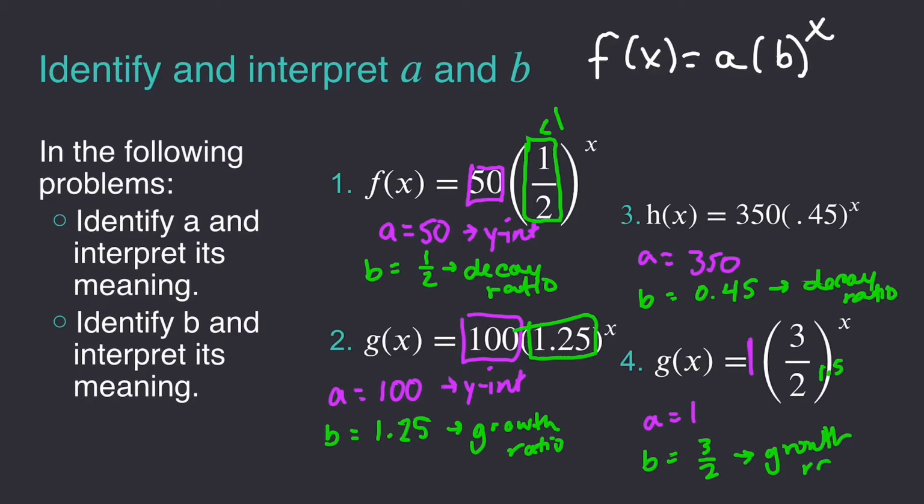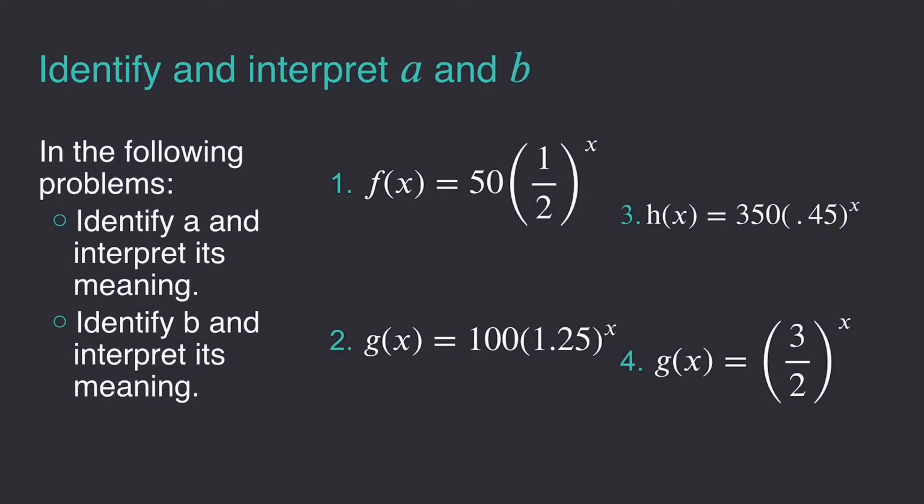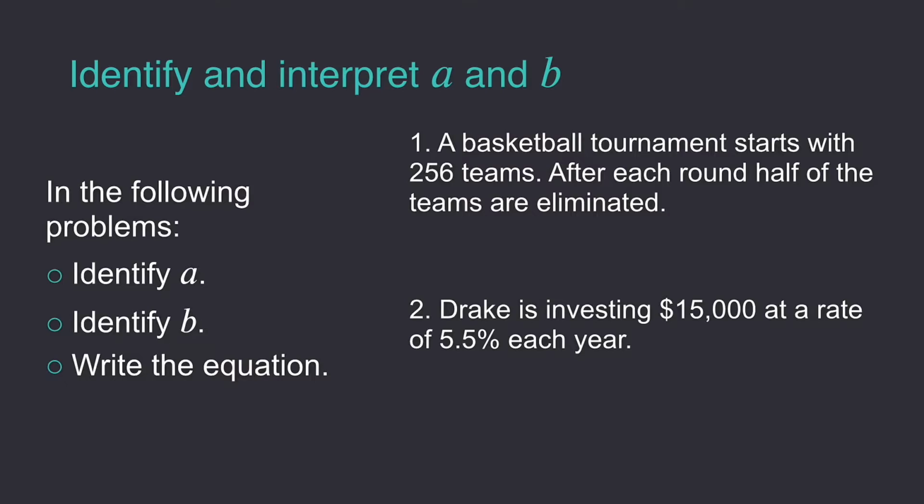Perfect. All right, so let's go ahead and look at some more problems. We want to identify a and b and then write the equation. So remember, a is our starting amount, and b is our growth or decay ratio.